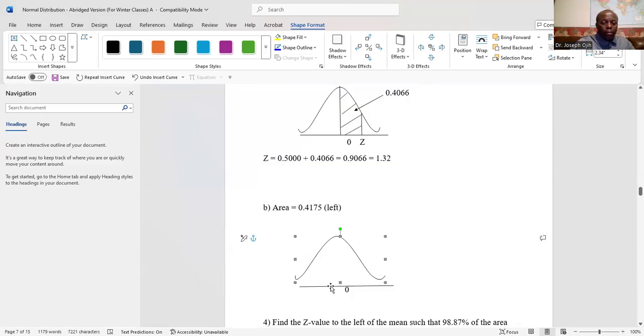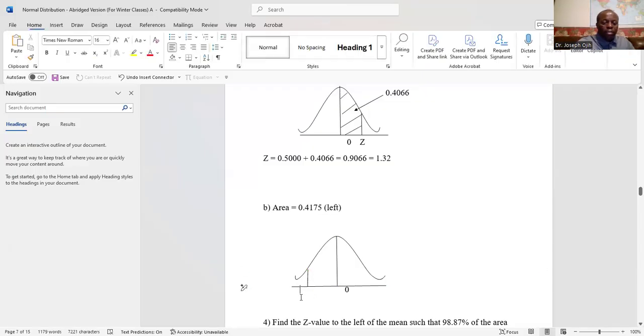Then put the center line. Then for the Z that you're looking for, on the left side, you're going to be negative Z. Adjust for 0.